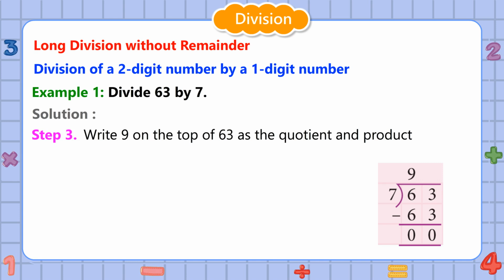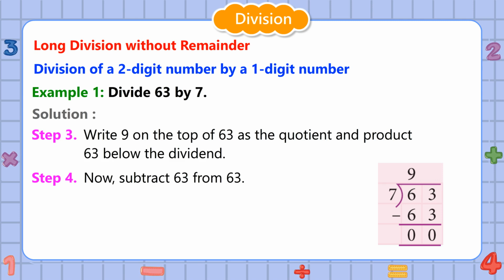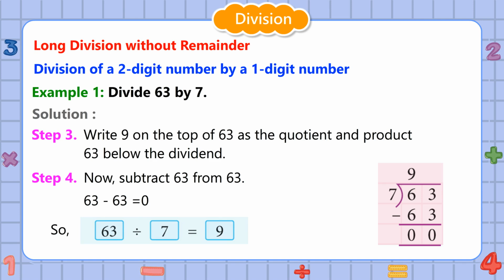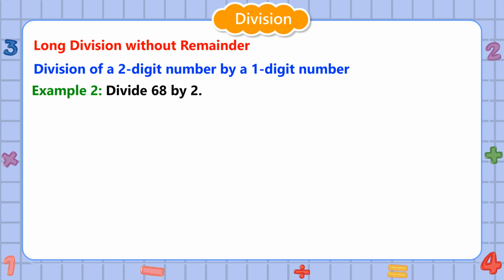Step 3. Write 9 on the top of 63 as the quotient and product 63 below the dividend. Step 4. Now subtract 63 from 63. 63 - 63 = 0. So, 63 ÷ 7 = 9.